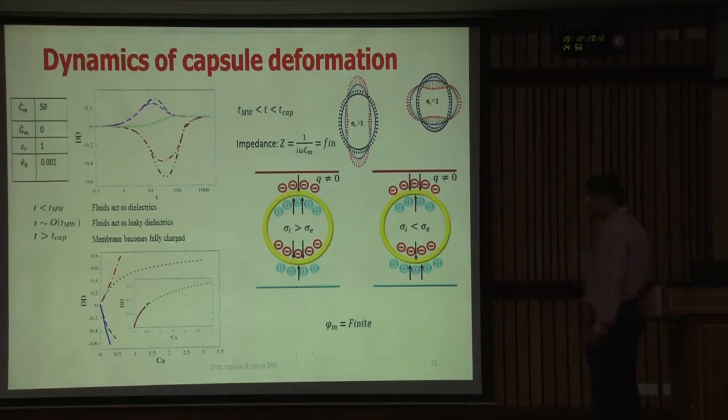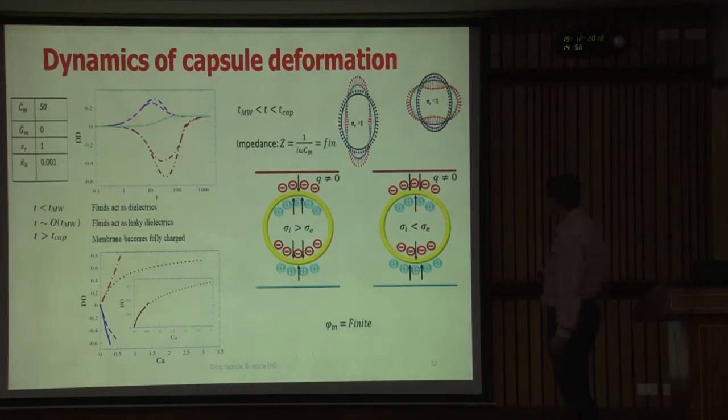On the other hand, if your outer medium is more conducting, you get a net negative charge here with the net negative electrode, you get compressive Maxwell stress at the poles. Okay. So you now see that the stress distribution is sensitively dependent upon the conductivity of the inner and outer phase, and it could be tensile at the poles or compressive at the poles.